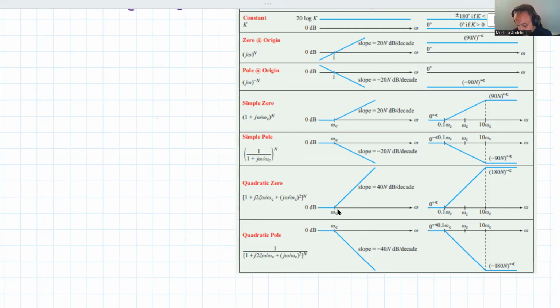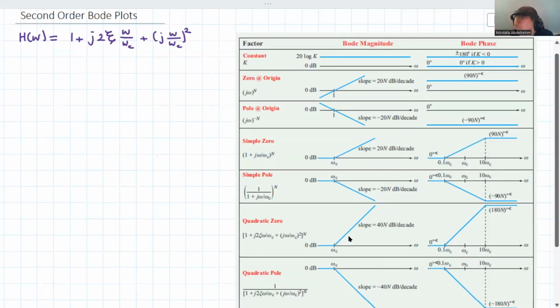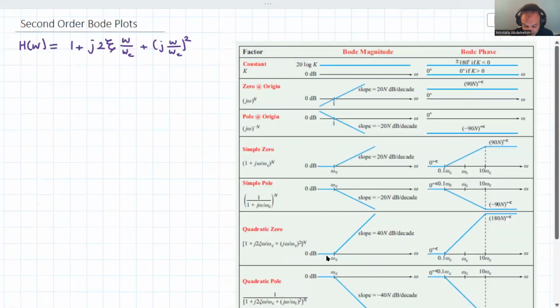Because if omega is less than omega c, as you see in this plot, the output will be zero. Then the output will be positive and pass, or will be negative but also will pass inverted. So if there is 5 input, it will be 5 multiplied by minus something in the output. So it will pass. Okay. So that's the standard form.